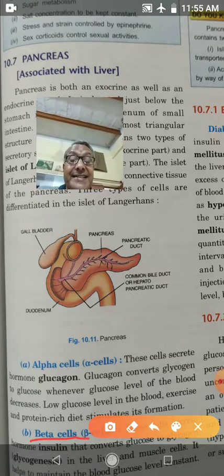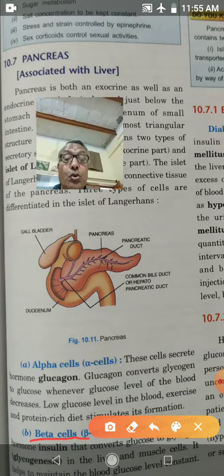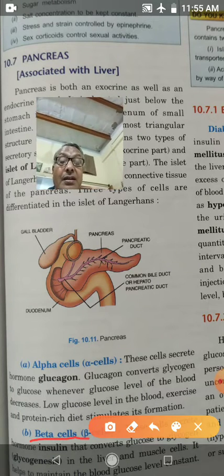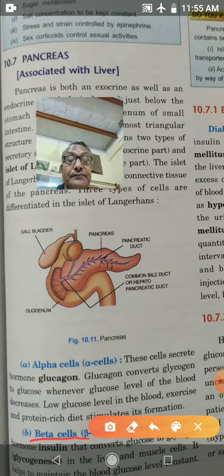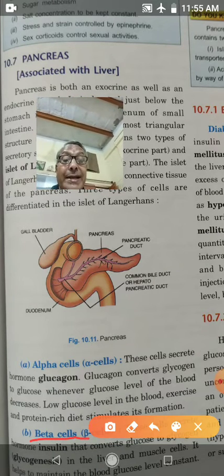Alpha cell secretes glucagon hormone. Beta cell secretes insulin hormone. Glucagon hormone converts glycogen to glucose.